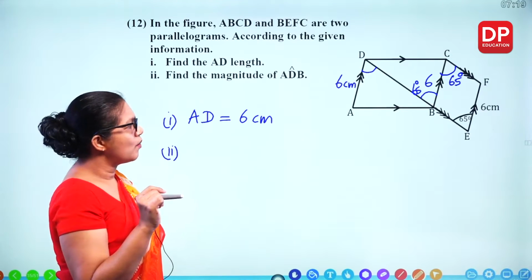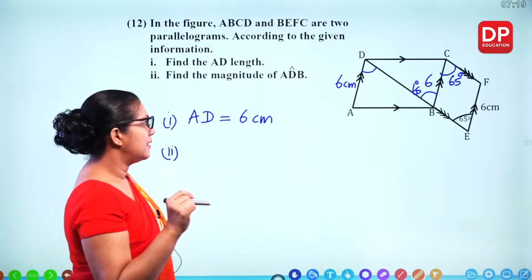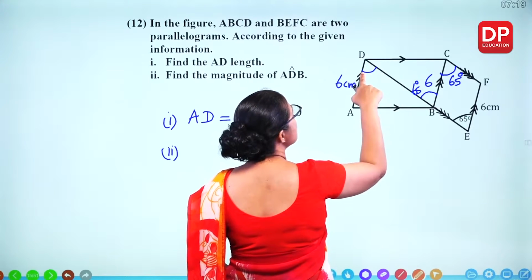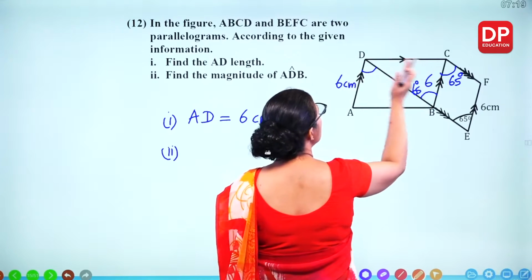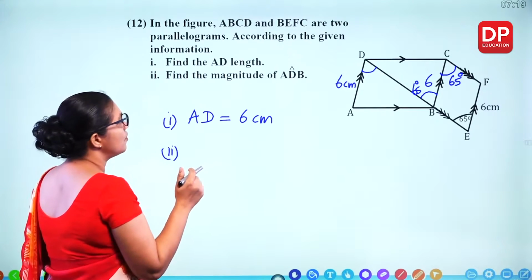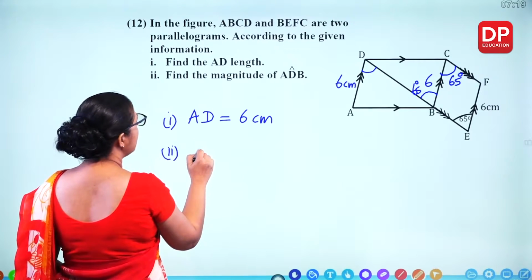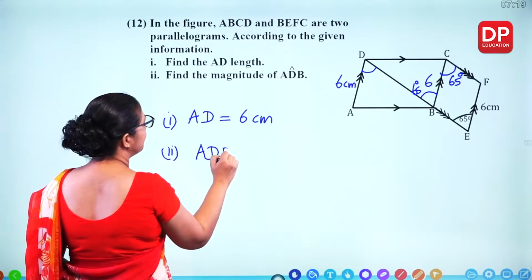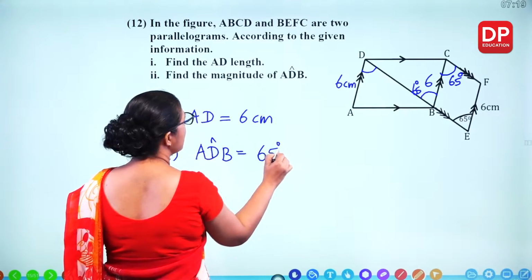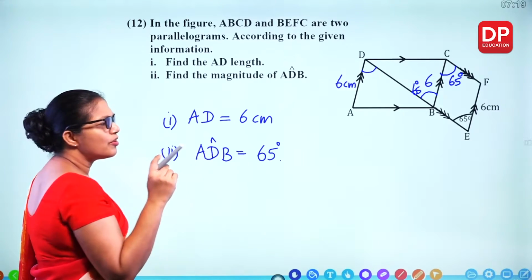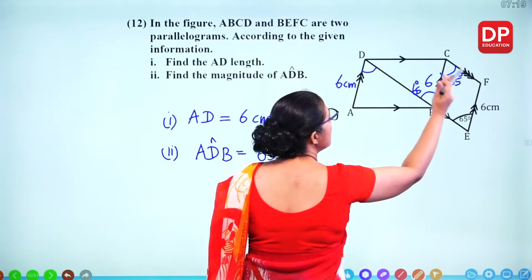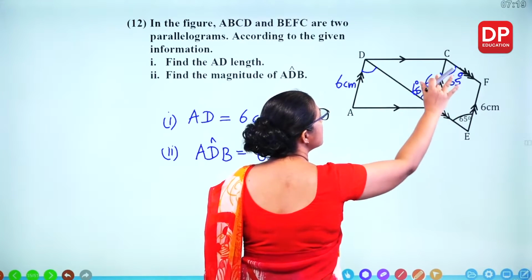Corresponding angles are equal, F letter angle. If this is 65, this is 65 because these two lines are parallel. Alternate angles are equal. So what's the ADB angle? 65 degrees.